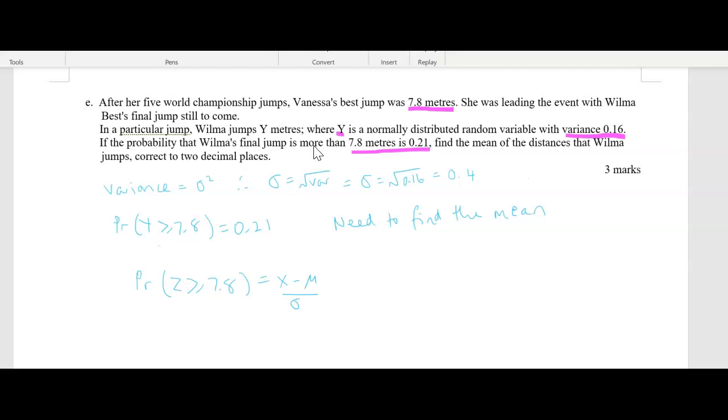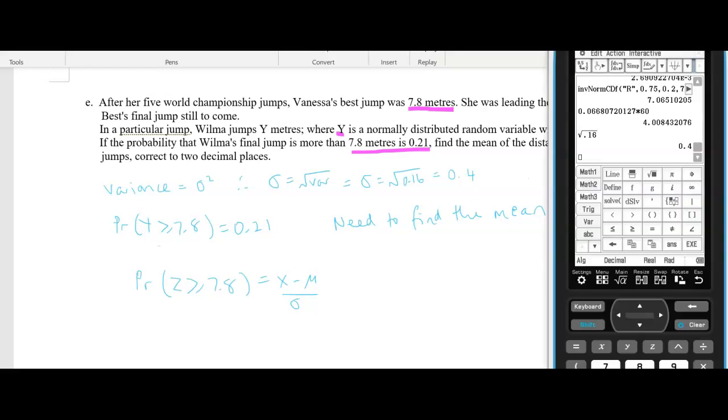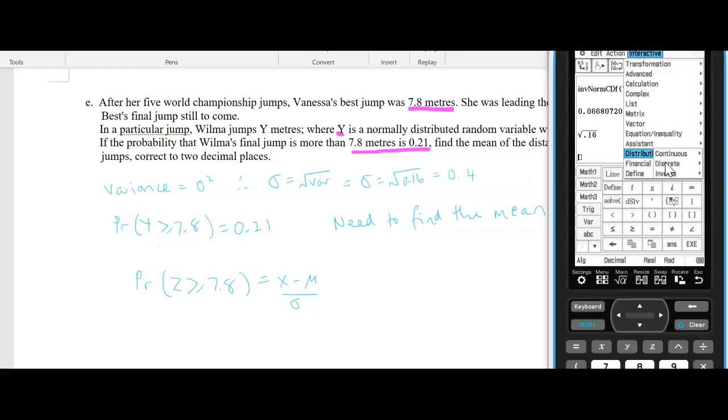Now, what we need to do is just find out what this x is. Okay, so what I need to do on my calculator is go to inverse normal CDF.